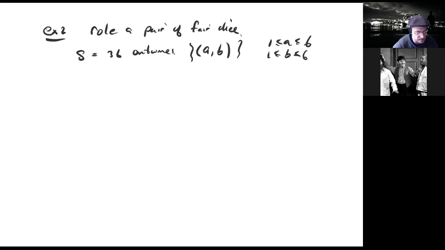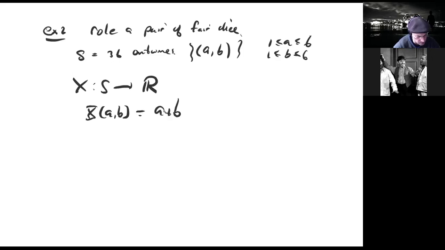Okay, so 6 times 6 is 36. There are 36 outcomes. And then we have a random variable X going from the sample space to R. X evaluated at an outcome (A, B) is A plus B. All that is you're recording the sum of the dice. Okay, so that's a second example.